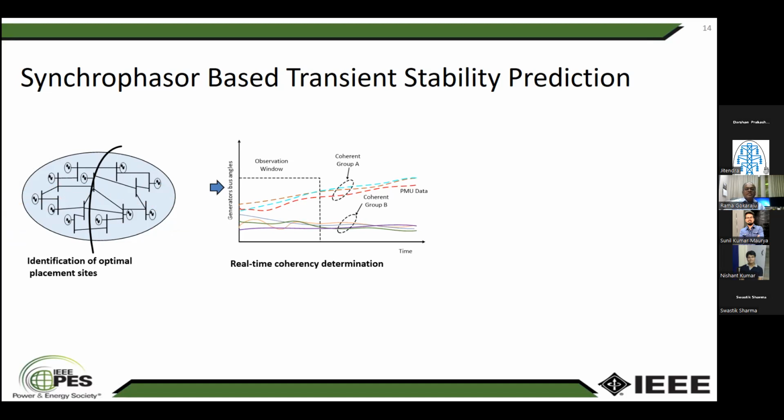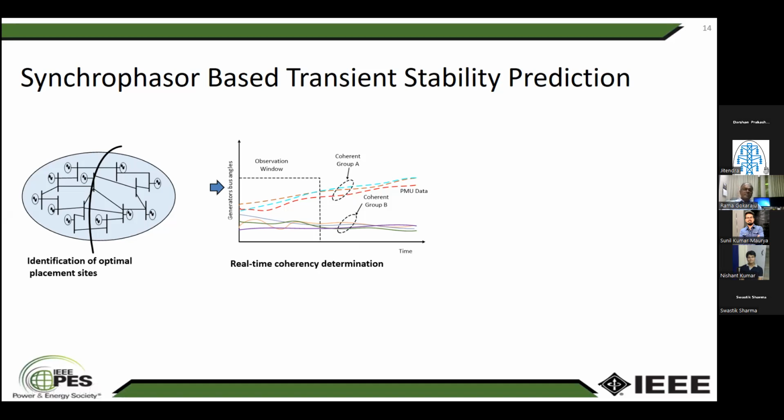Now, when a disturbance happens, the natural physics is that the system is initially going to separate into two coherent groups. The coherent group B could be the large equivalent generator, so the angles are not becoming very large. And then the coherent group A, where the angle of separation is becoming large.